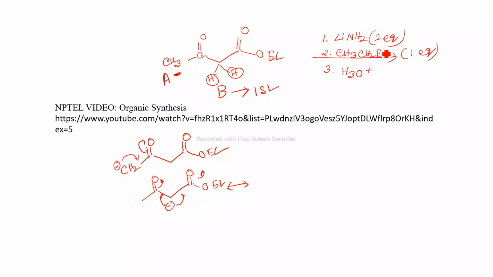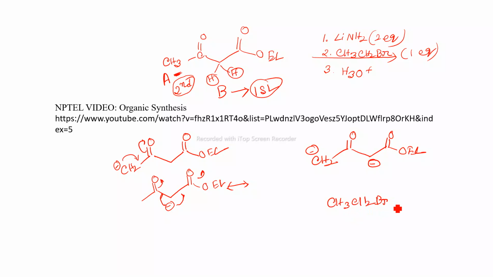But we are using two equivalent of base. So now next time this hydrogen will abstract second time. First, second. Okay. So it will form again a dianion, CH2 minus C double bond O. Now we are using one equivalent of again CH3 CH2 Br.